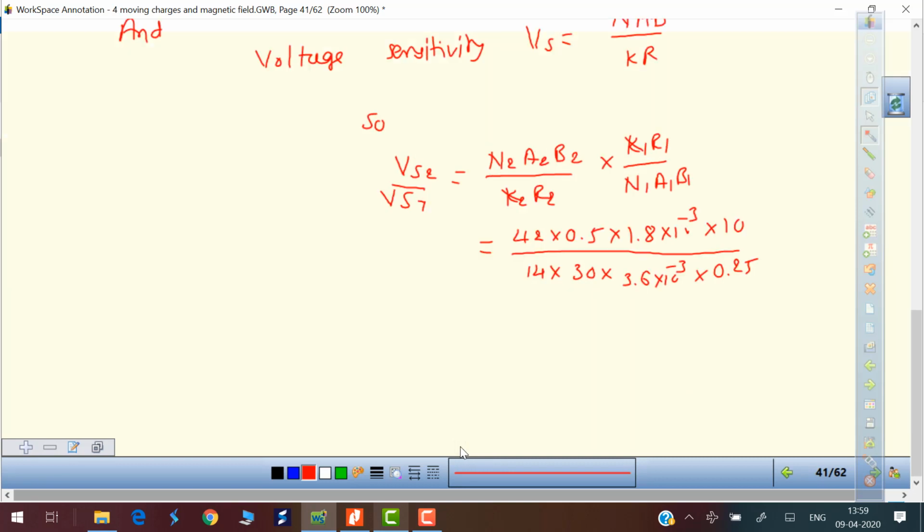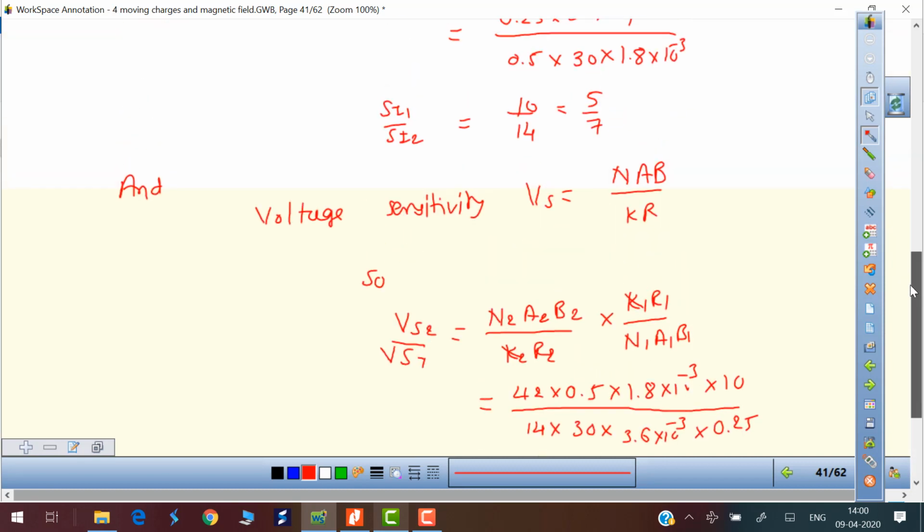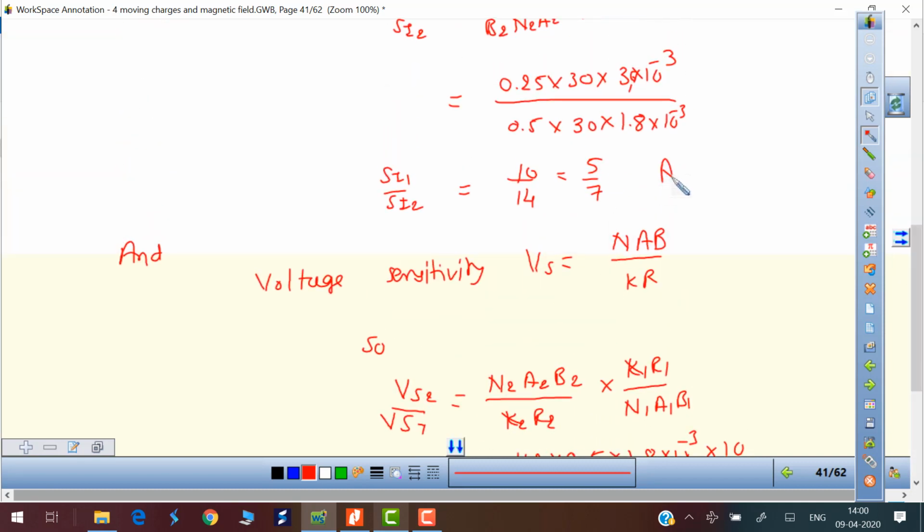If you simplify, you will get 1. So here the voltage sensitivity is the same for both, but the current sensitivity is different. So this is answer 2 and this is your answer 1. If asked as SI2 upon SI1, you will get 7 by 5.